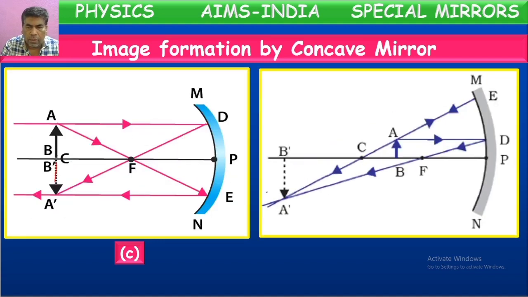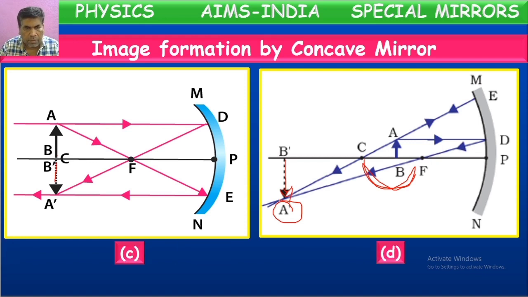Fourth case, when the object is between C and F, the image will be formed beyond C, but of somewhat larger size. We can call it magnified or enlarged.